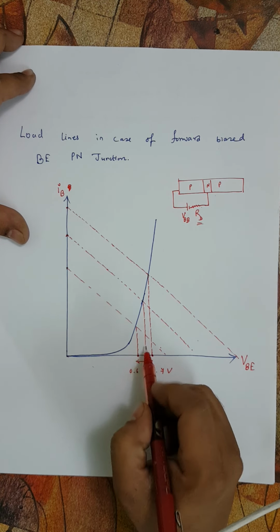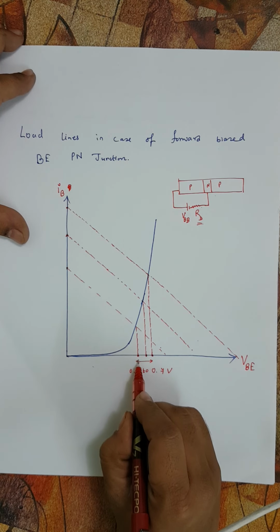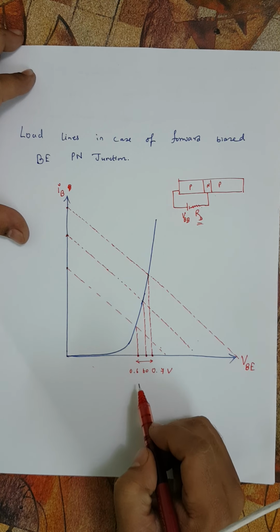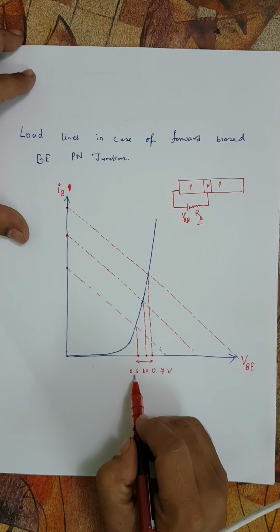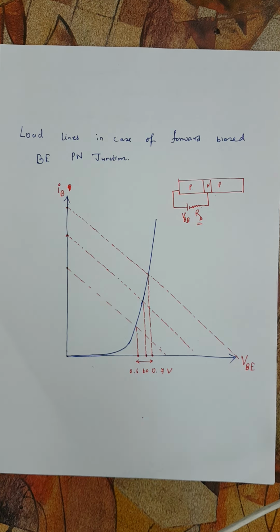So even to get very high values of IB, the increase in voltage across the emitter base PN junction is very small, and it always remains range bound to around 0.6 to 0.7 volt, which means no matter what current is desired through the base emitter PN junction, the forward bias voltage need not be changed significantly. It always remains at the same level.